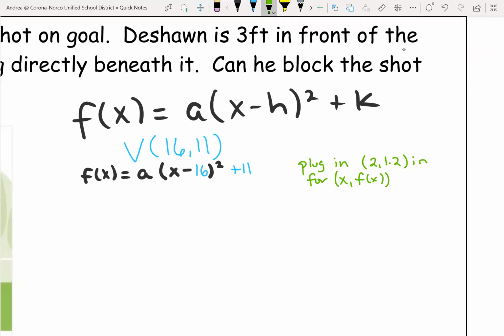So I have 1.2 equals a times 2 minus 16 squared plus 11.